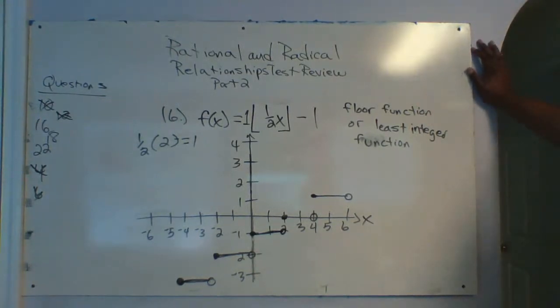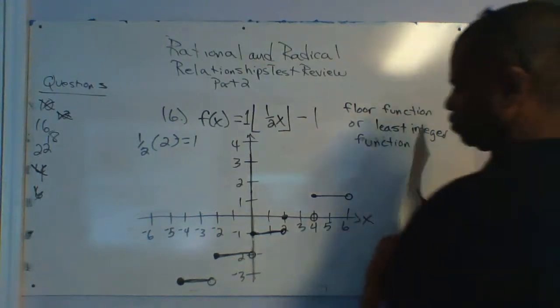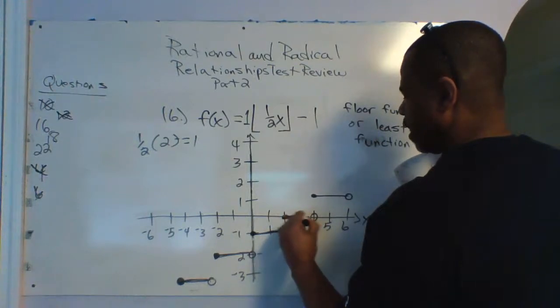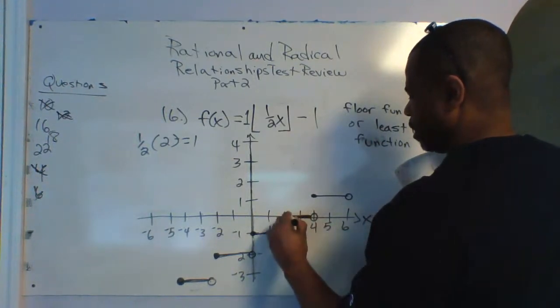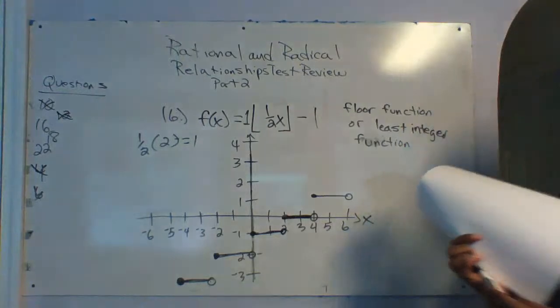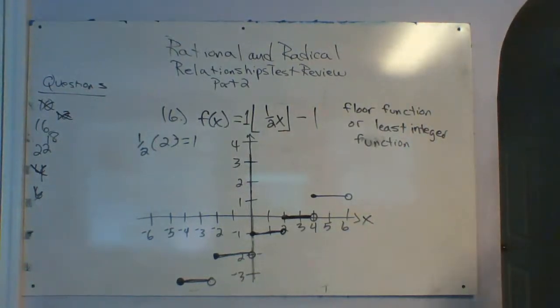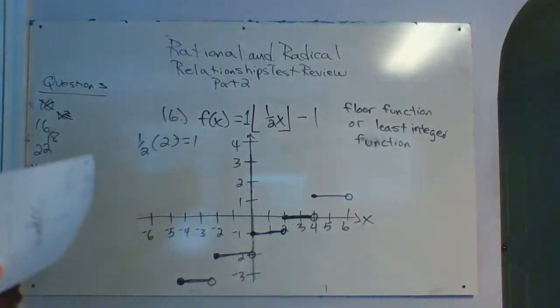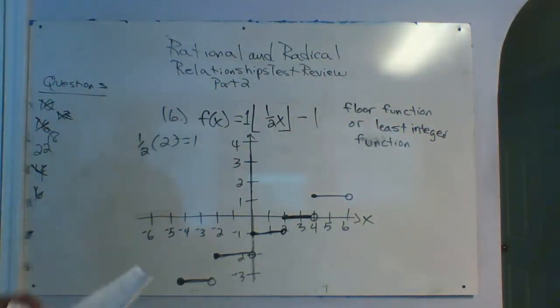So that's how you would do number 16. Oh, my bad. All your answers have to be integer values. All your y's have to be integer values. Okay, so we got 16 out of the way.